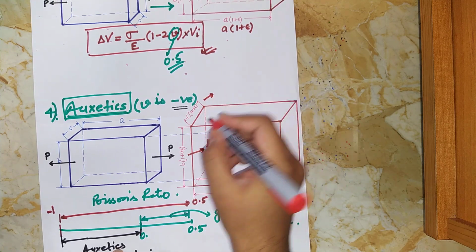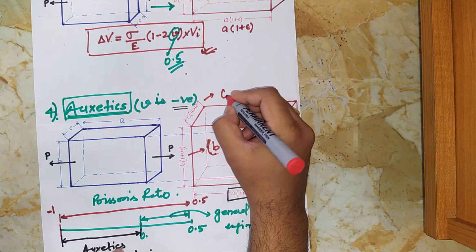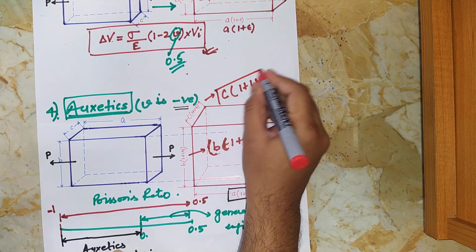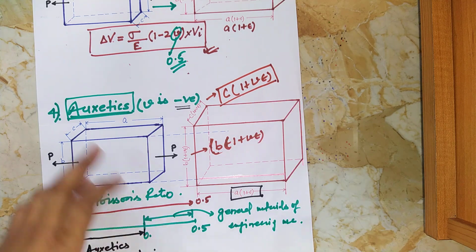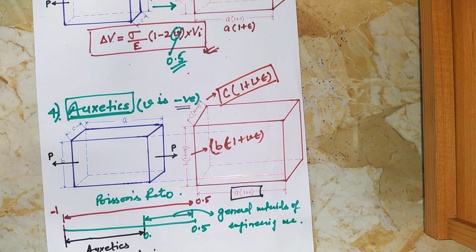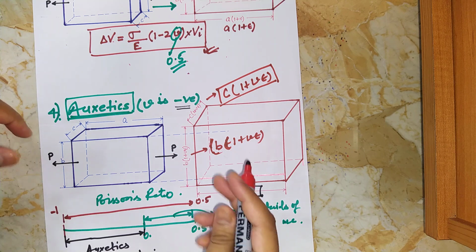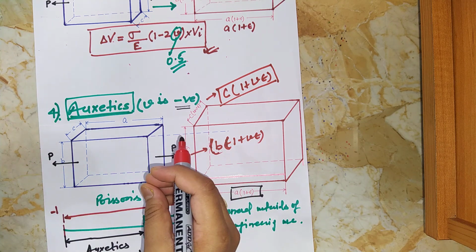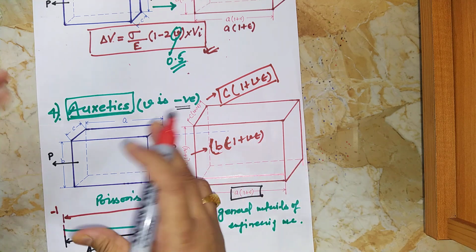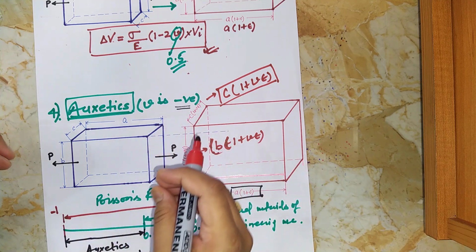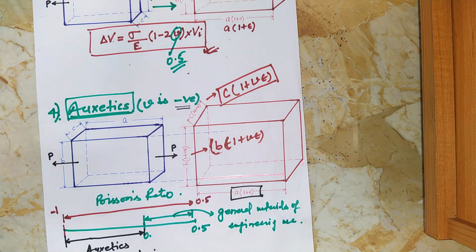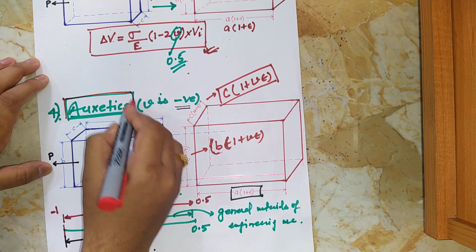See here, dimension C becomes C into 1 plus nu epsilon. So this is a special case of material in which, in addition to the axial elongation, it elongates in the lateral direction also. So this is a special case.